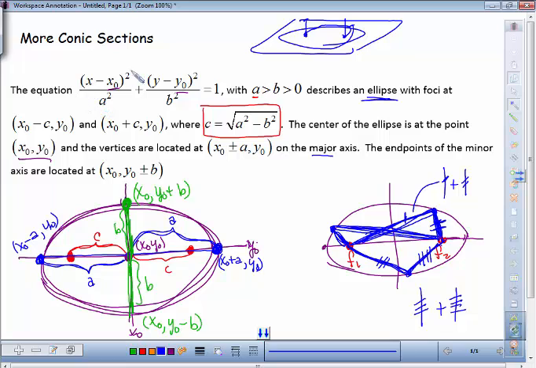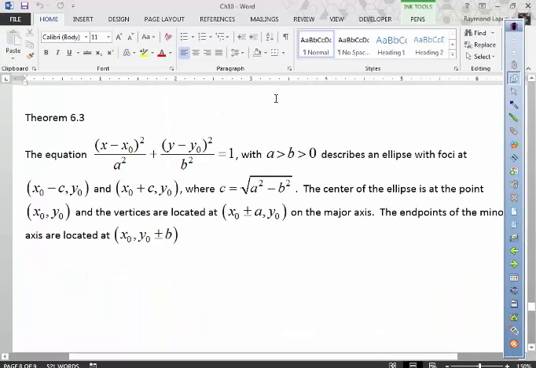Ellipse: both of them are squared. We'll try to run that down towards the end of class, once we have a couple more conic section shapes that we're going to study. All right, let's take a look at the assignment.